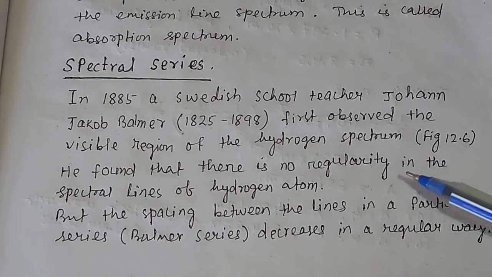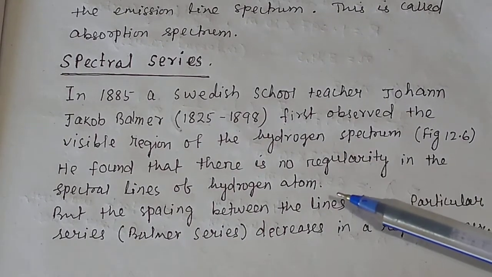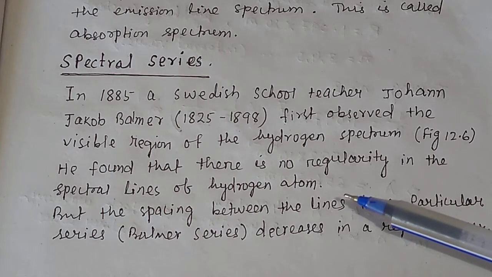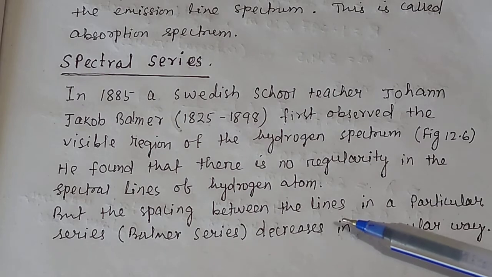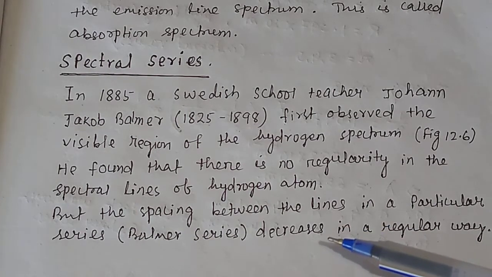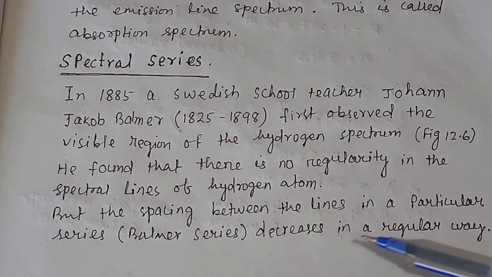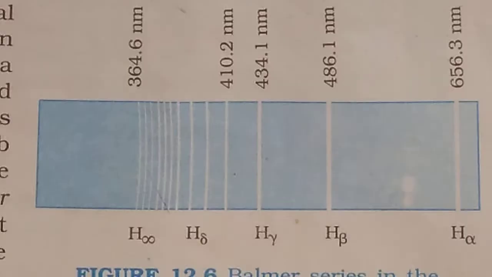So this was the experimental finding due to Balmer: there is no regularity in the spectral lines of the hydrogen atom, but the spacing between the lines in a particular series, as we have seen in the Balmer series, decreases in a regular way.